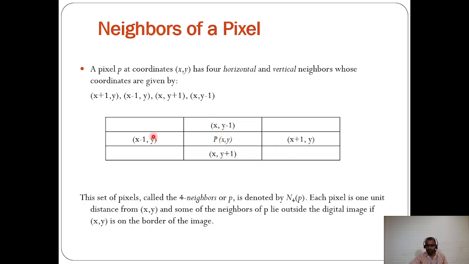So 1, 2, 3, 4. If you take the pixel p, there are neighbors at top, bottom, left and right. We call these the horizontal and vertical neighbors, which is called the 4 neighbors of a pixel. We represent this as N4 of p, which considers the top, bottom, left and right values.